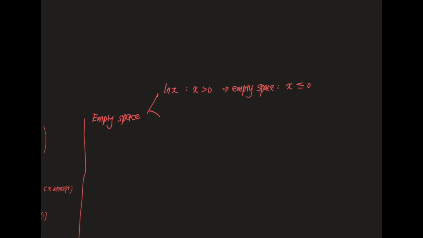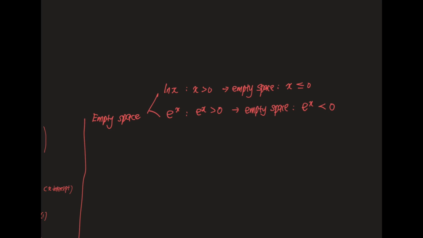If you have exponents, for example e^x, we need to know that e^x is always greater than 0. So because of that, the empty space is where e^x is less than 0.